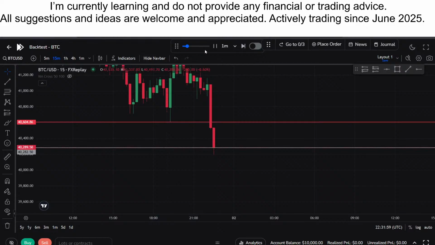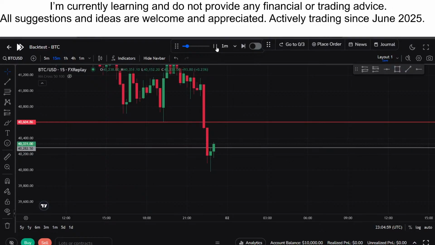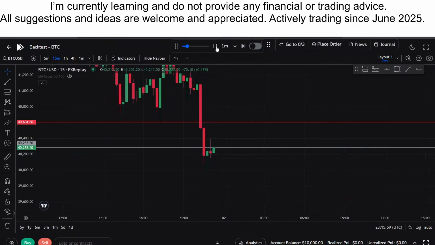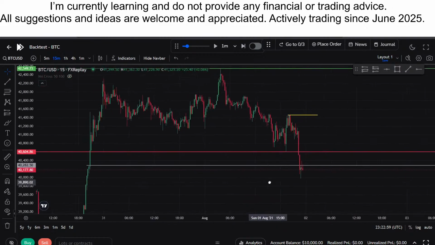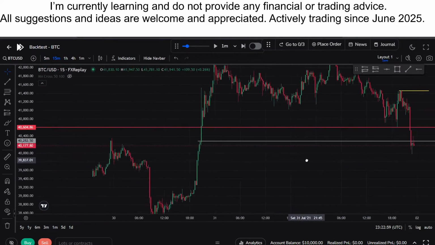So yeah, it grabbed the fair value gap, still in a strong downtrend. Now it's returning. Nope, not a good entry point. We have not found any good entry point.